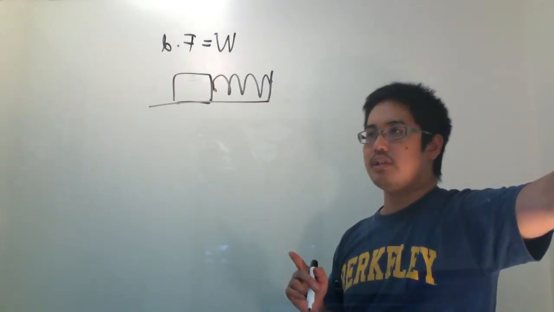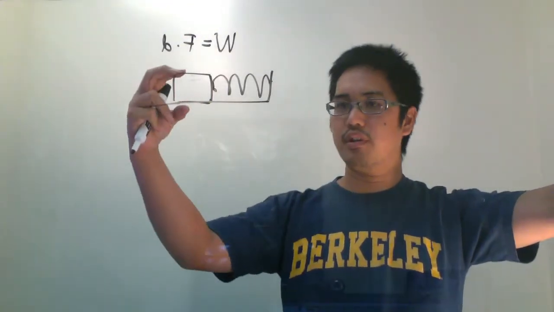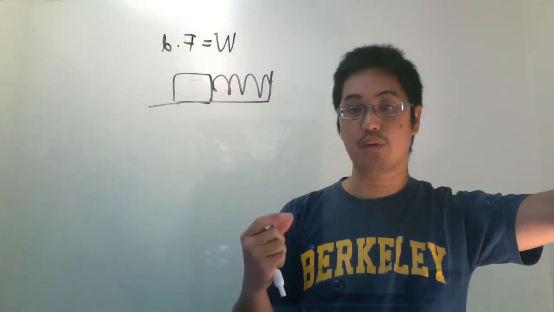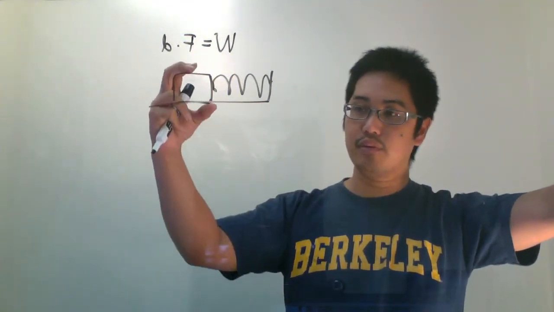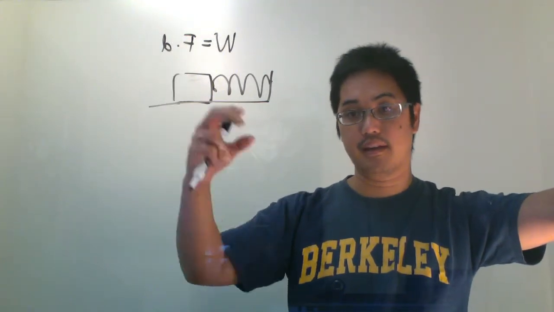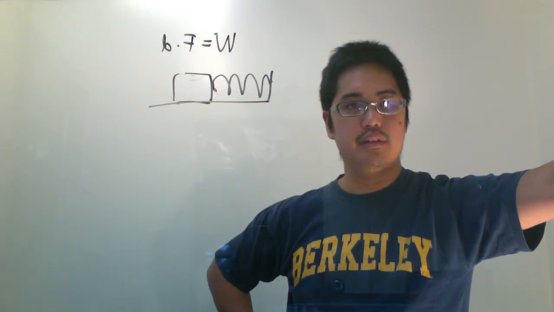Now, here's my question: if this spring is just hanging out and you put your hand on top of it, do you feel any force that this spring is pulling? I haven't pulled the box. Do I feel any force acting on this box? I'm just resting my hand on it. Julia? Say that again.